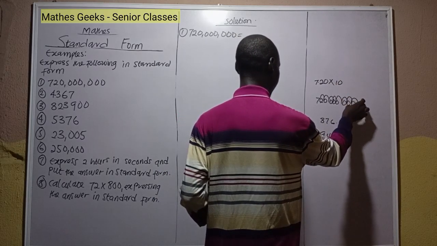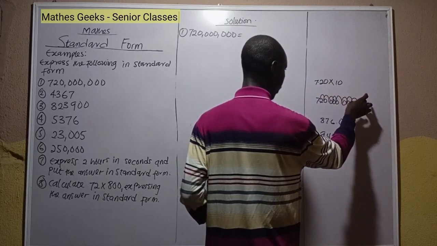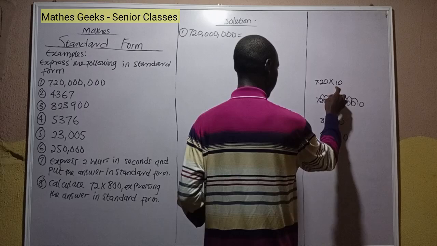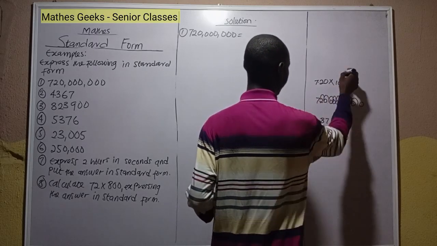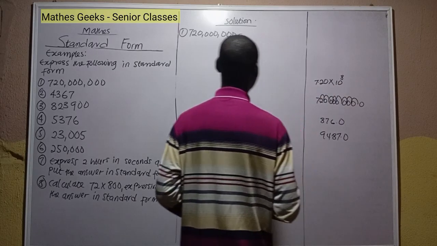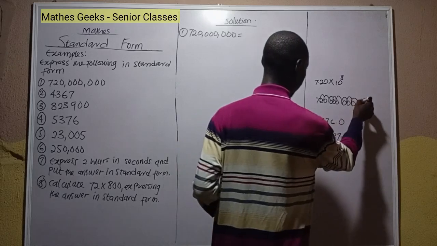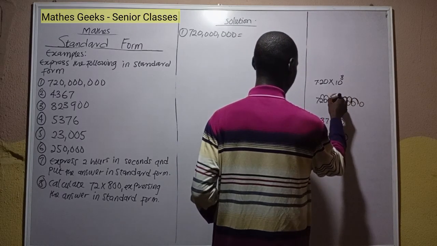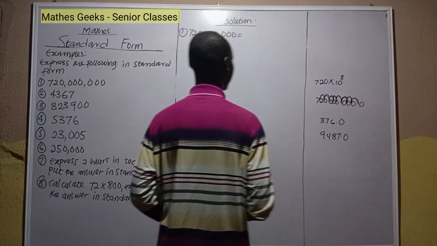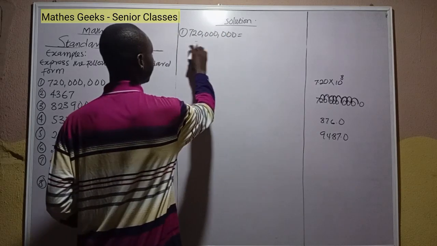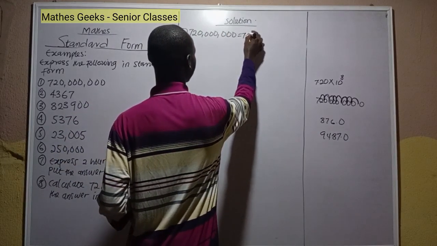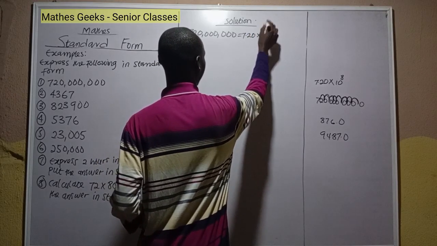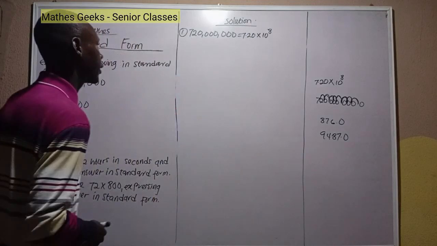You move the decimal point from here to this point. Let's get it. 1, 2, 3, 4, 5, 6, 7, 8. So that's raised to the power of 8. Let's be sure. 1, 2, 3, 4, 5, 6, 7, 8. So 720 million is 7.20 times 10 raised to the power 8. That's the answer in standard form.